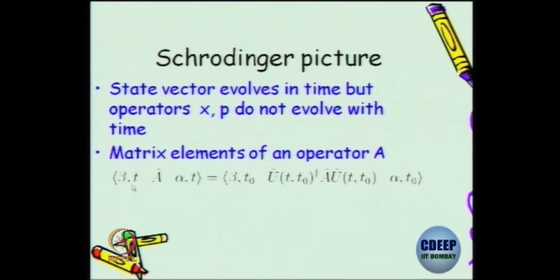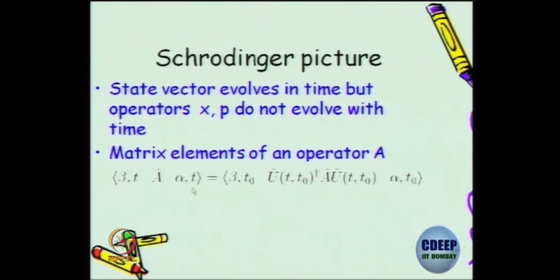You could have matrix elements between two different state vectors at the same time. Equivalently, you can use the Schrodinger evolution equation, which is the unitary operator acting on the initial state at initial time t naught. Similarly, on the bra vector, it's going to be the U dagger.